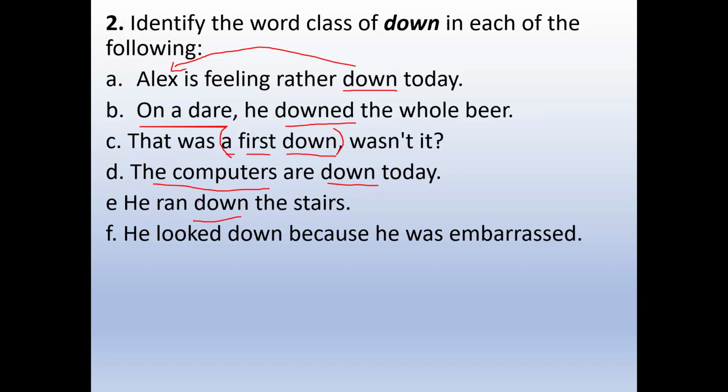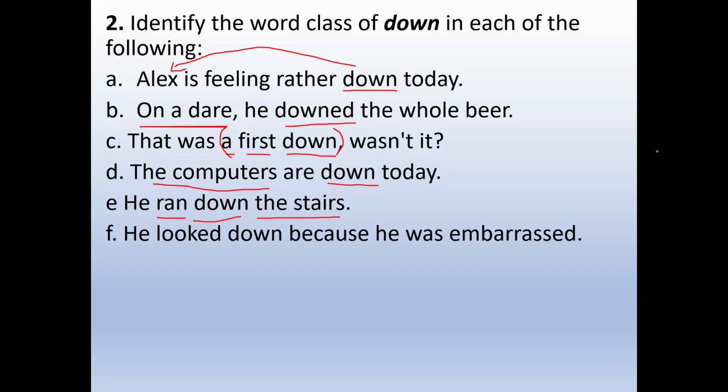Actually, here down is used to show the nature of the connection between ran and stairs. Down is not used as an adverb here to only modify ran, right? It is used to show the relationship between the verb and this noun phrase, the stairs. So it is a preposition, not an adverb.